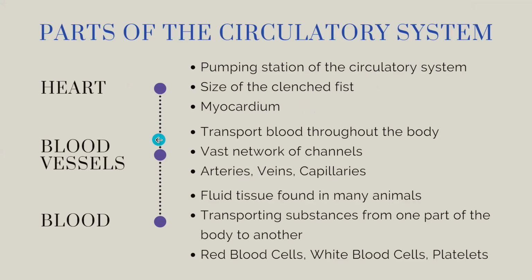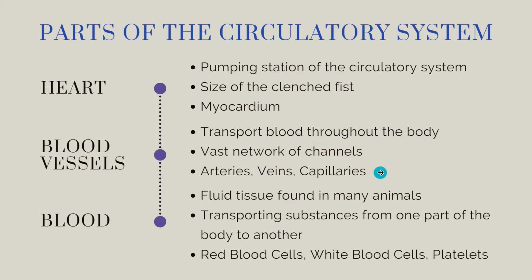Next are the blood vessels, a vast network of channels, also known as the transportation hub of the station itself. It transports blood throughout the body and contains three main blood vessels called the arteries, veins, and capillaries.